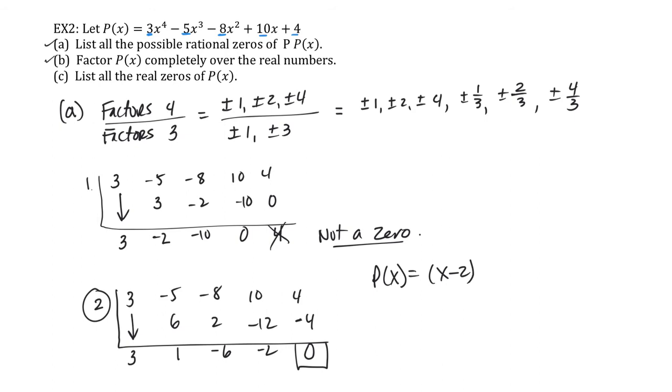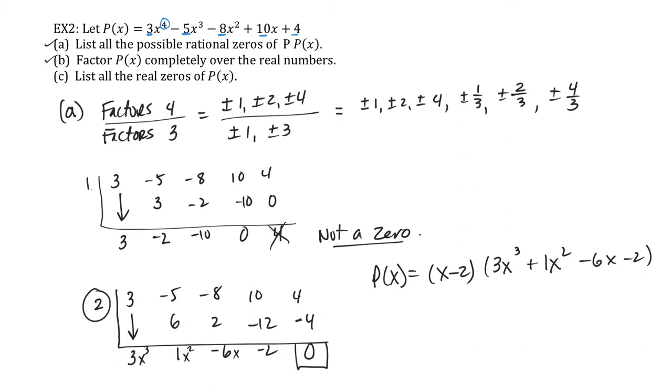Then I look at my original power, so these would be 1 less: cubes, squareds, x's. So this would be 3x cubed plus x squared minus 6x minus 2.